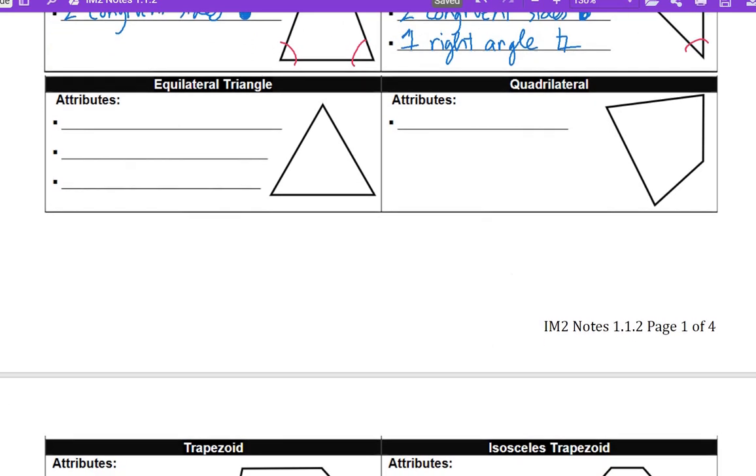Okay, we have an equilateral triangle. This again has 3 sides, 3 congruent sides, which I will mark blue, and 3 congruent angles, which I will mark pink.